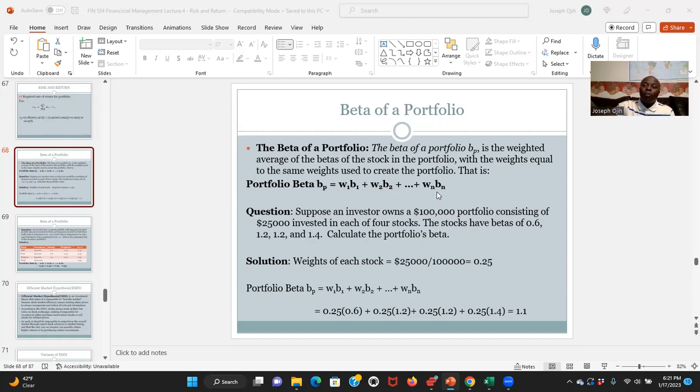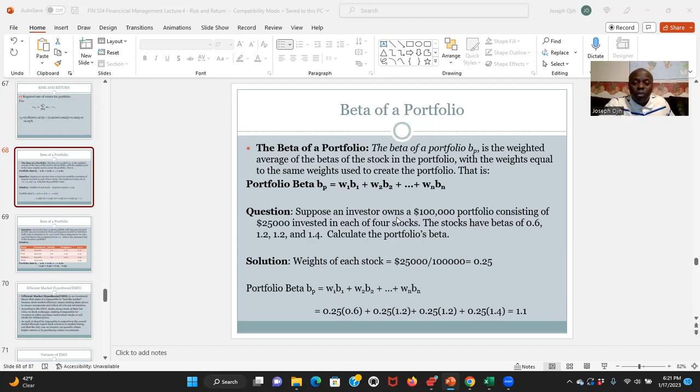We add all this together to get the weighted average of the betas of the stocks in the portfolio, and that gives you the beta of the portfolio.